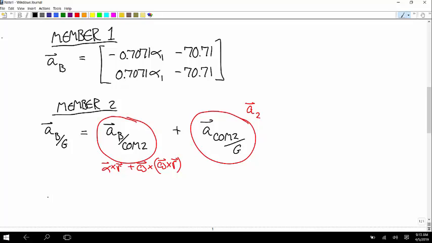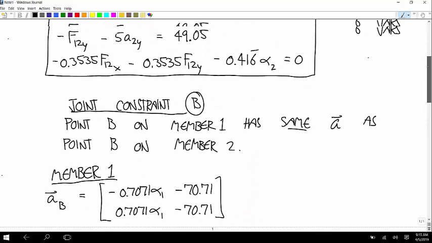Okay, so the acceleration of B, according to member 2, is A2 plus 0, 0, alpha 2, and I'm just using all variables that we've already defined, crossed with the R vector.